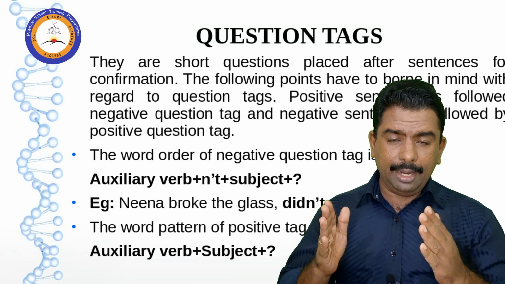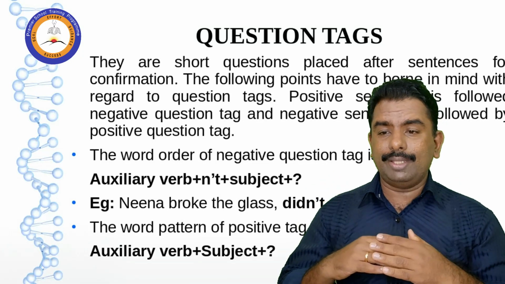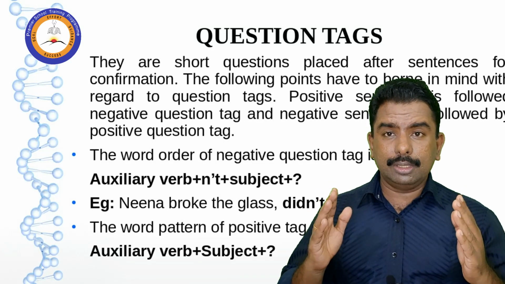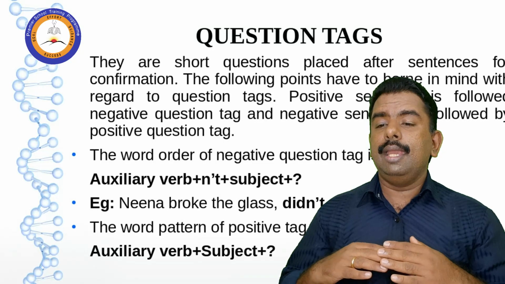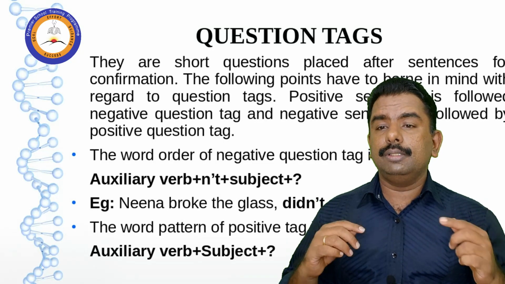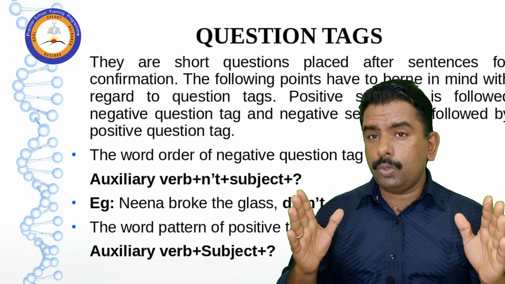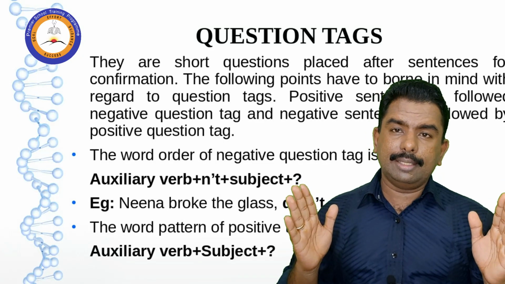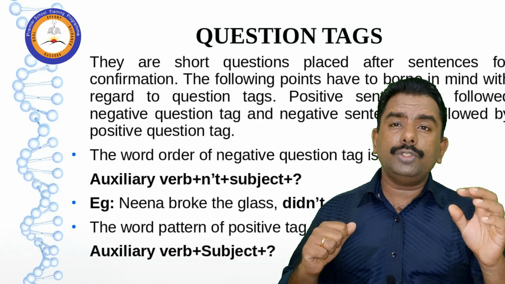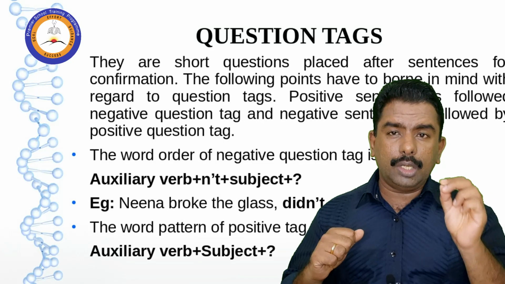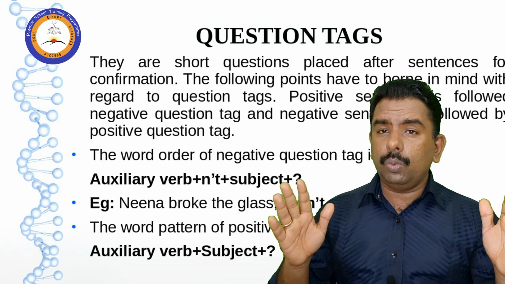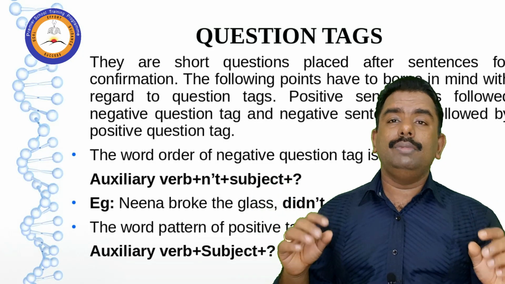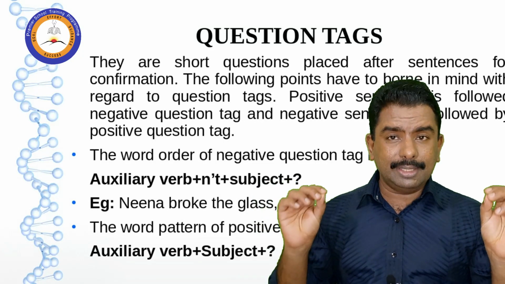Not means N apostrophe T, the short form. You have to use this short abbreviation of not in question tags, plus subject plus question mark. That is an important thing for question tags. If you forget to put a question mark after the question tag, you will not get the marks. That is the grammatical rule. That much importance is given to the question mark in question tags.